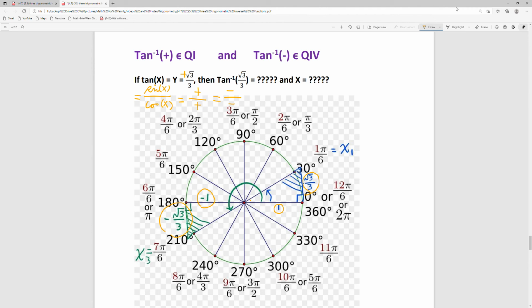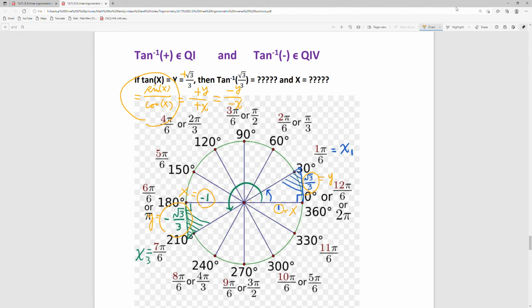In the coordinate system, I can say sine over cosine, that's not wrong, but it's better to say the value is positive y, positive x, or negative y, negative x. This is y, this is x, this is y, this is x.